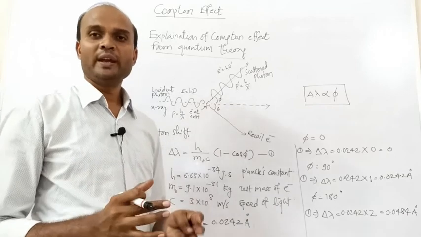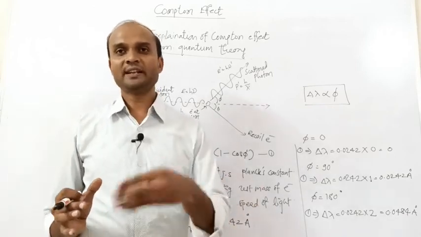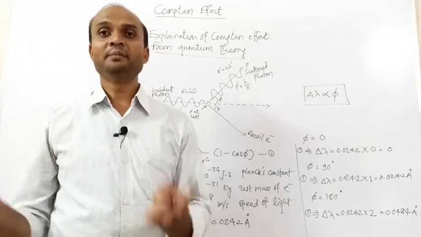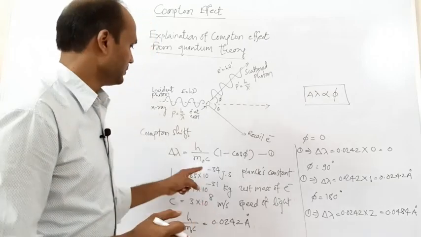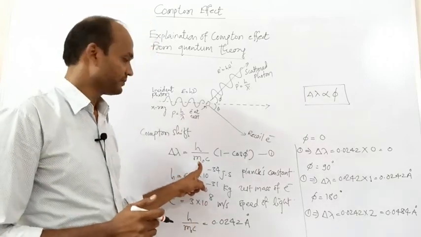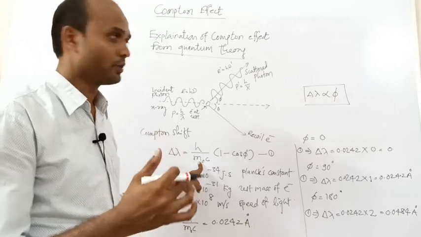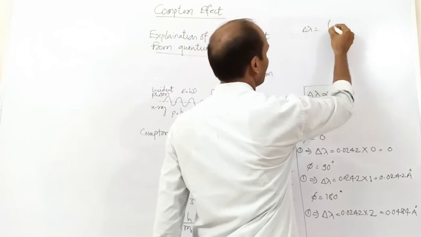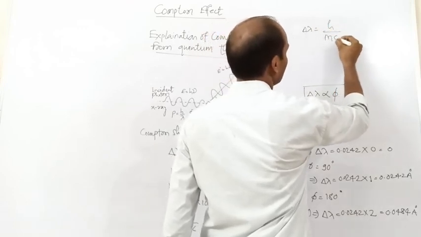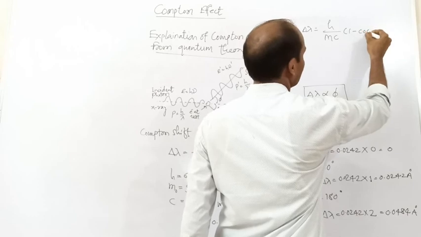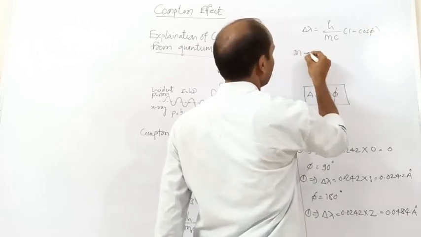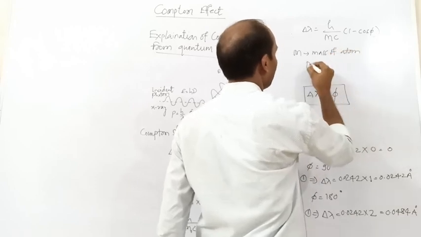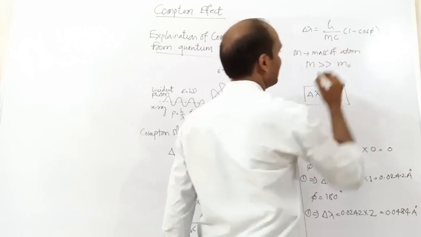So the equation becomes delta lambda is equal to h upon M into c into 1 minus cos phi, where M is the mass of the atom and capital M is much greater than m0.